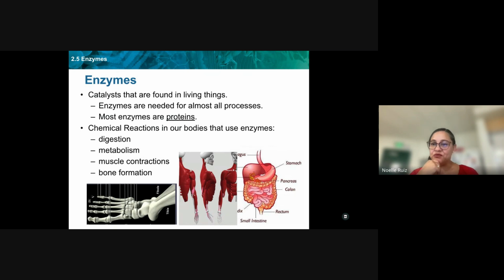And then bone formation. Most of you are still growing. You have growth plates in your knees that are stretching out. And for them to stretch out, enzymes need to catalyze that chemical reaction to form more bone in your long bones and your legs for you to stretch out. These are all chemical reactions that require different enzymes.